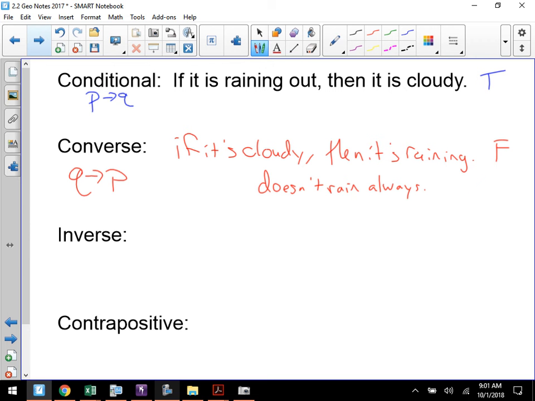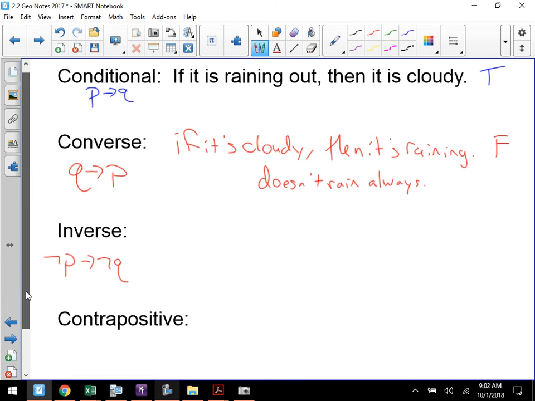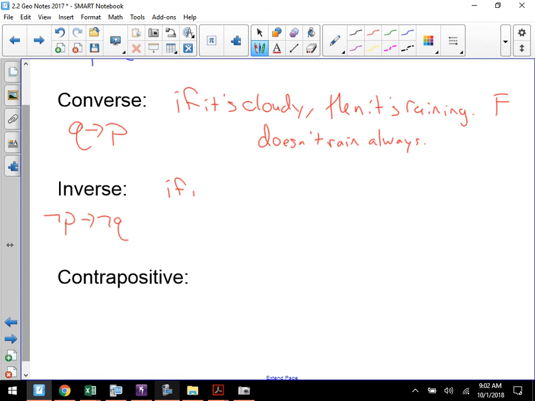Okay. So if I go to the inverse, remember the inverse then is not P, not Q. And all you have to do is put the word not into the first statement. If it's not raining out, then it is not cloudy. Is that true or false?